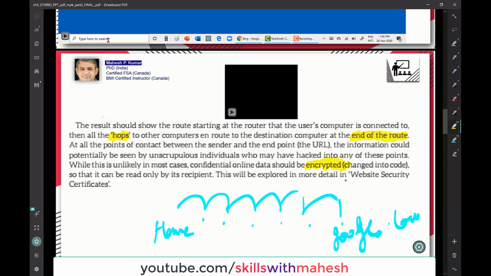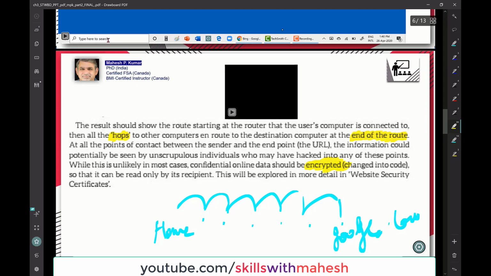But the thing is that it is a good idea, if information is traveling and it is sensitive, maybe relating to credit cards, to always encrypt the message.